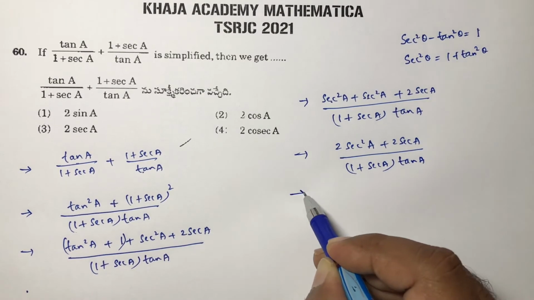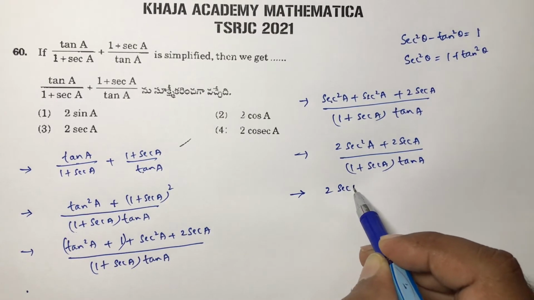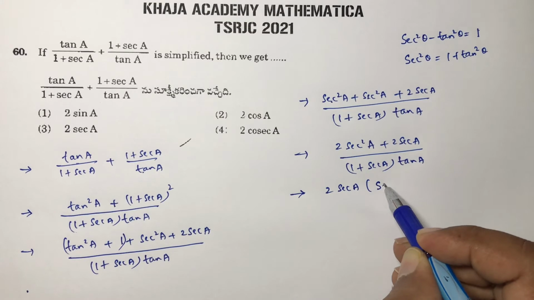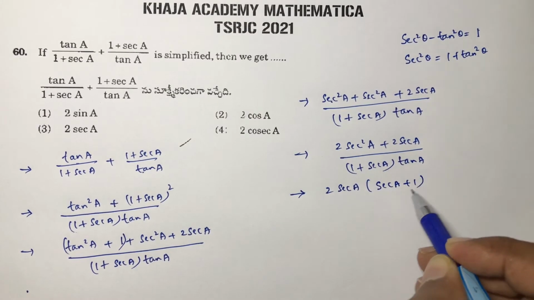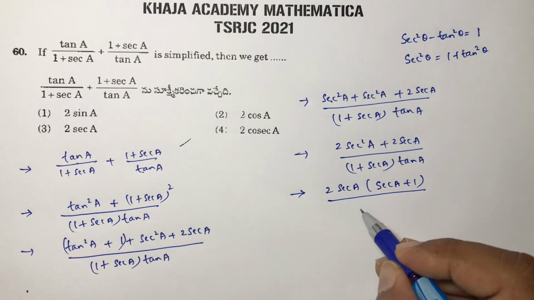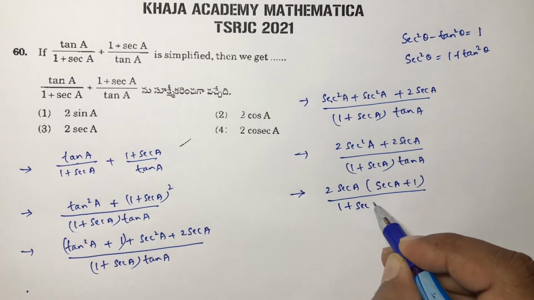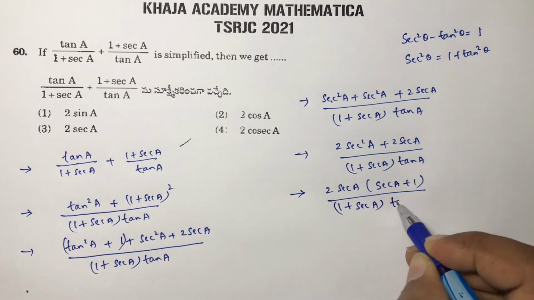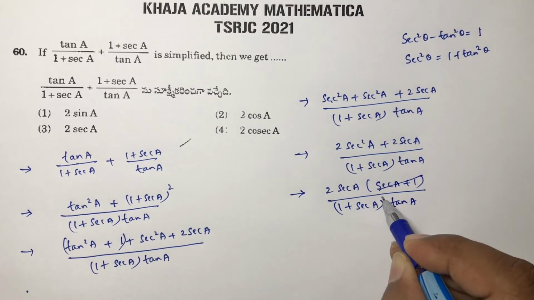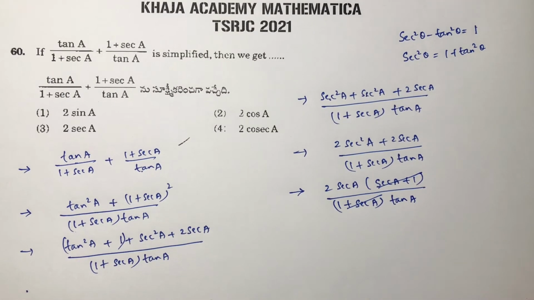If we take 2 secant A common, we'll be left with sec A plus 1 by 1 plus sec A into tan A. Sec A plus 1 cancel.